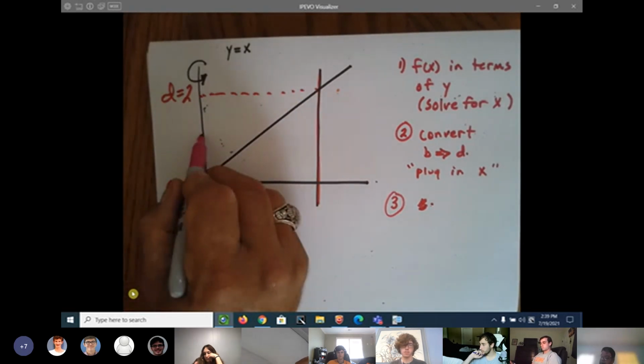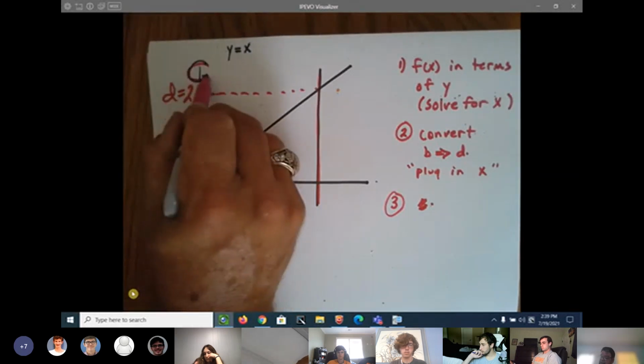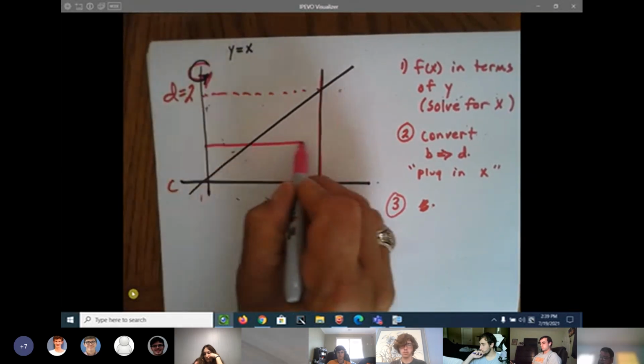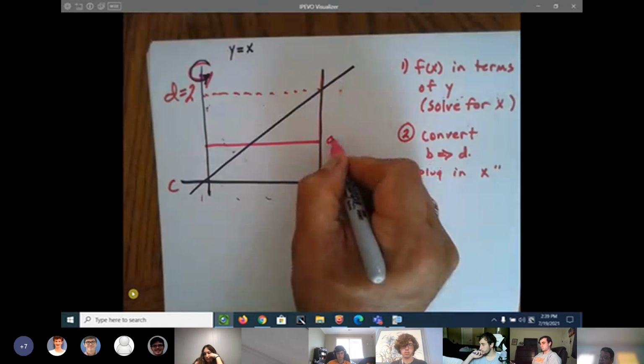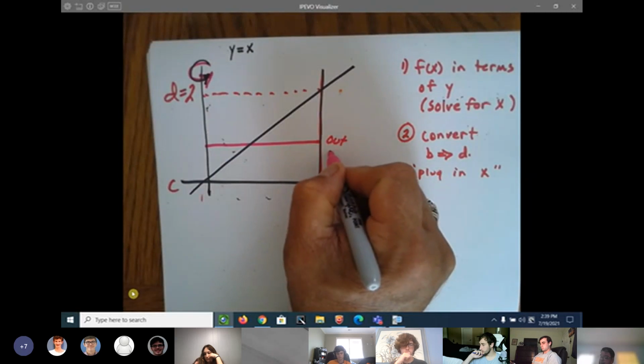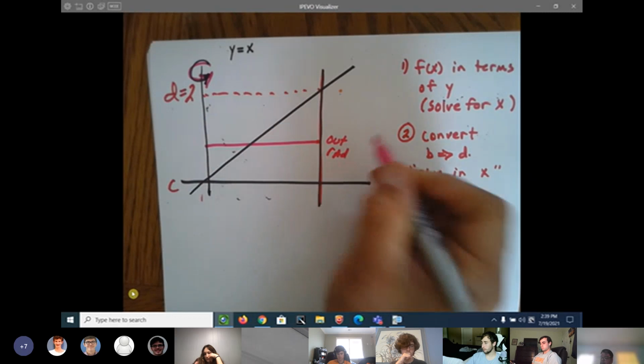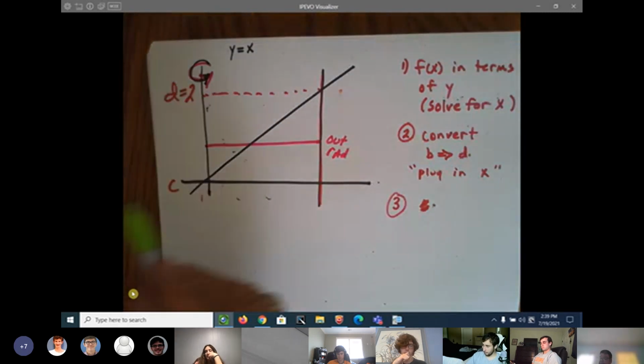You're revolving around this axis. So this is your outer what? Radius. And somebody tell me what this is.